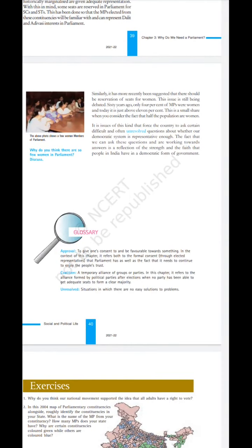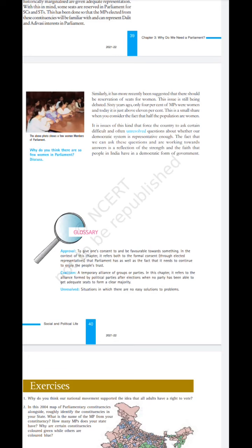Similarly, it has more recently been suggested that there should be reservation of seats for women. This issue is still being debated. 60 years ago, only 4% of MPs were women, and today it is just above 11%. This is a small share when you consider the fact that half the population are women.